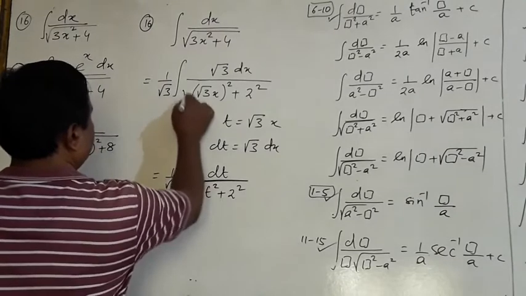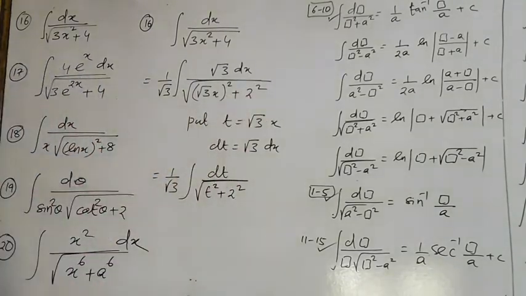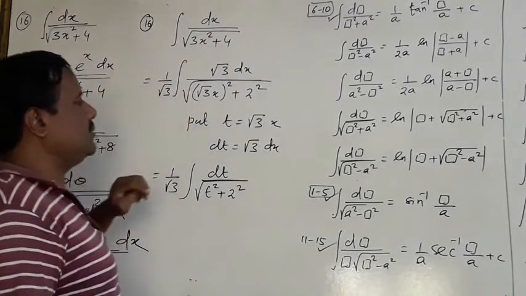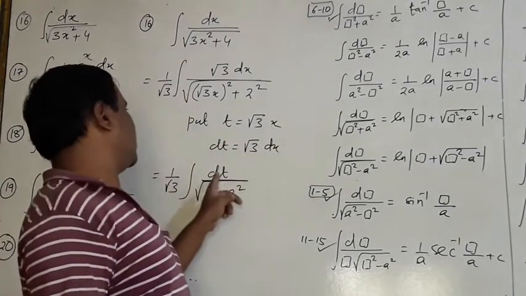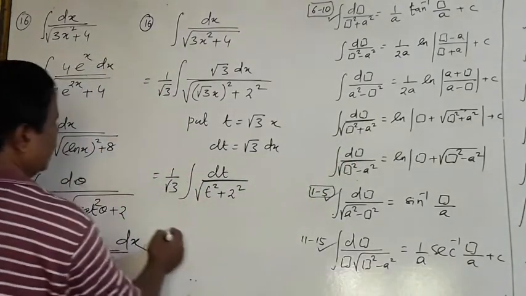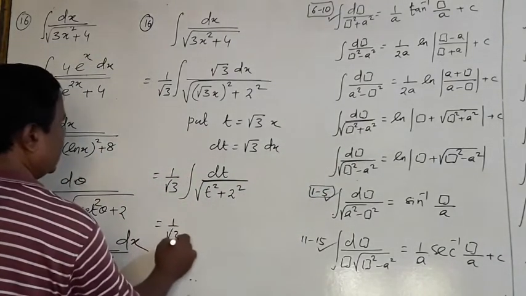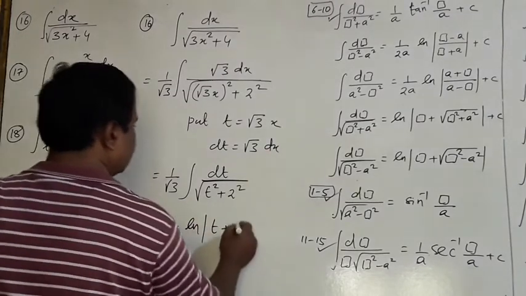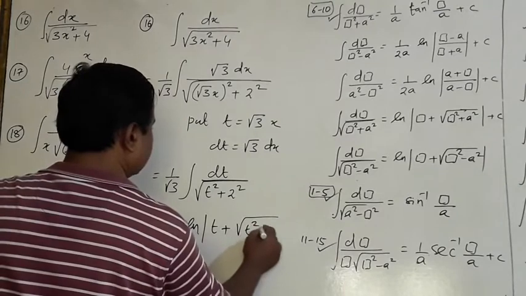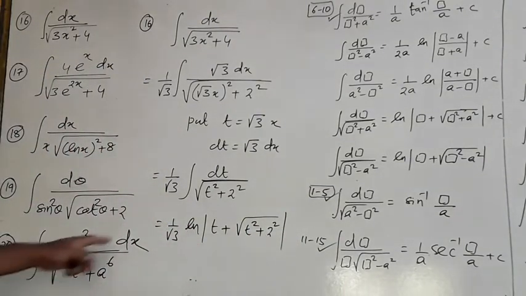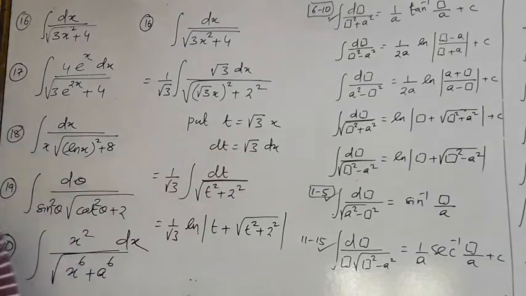So whose formula is this? It is the formula for d box by root over box square plus a square. It is 1 by root 3 ln of box plus root over box square plus a square, that is, t plus root over t square plus 2 square, plus c. Then after that you should put the value of t. Okay.